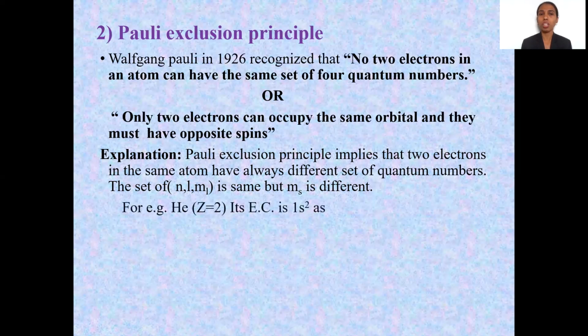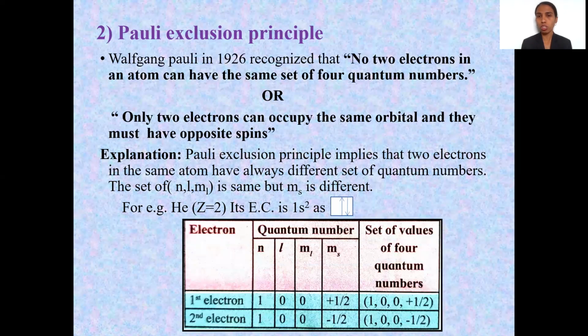Now for example, if we consider helium, which has atomic number 2, its electronic configuration will be 1s2, means the helium atom has 2 electrons. So here you can see 2 electrons, ऑर्बिटल नोटेशन नुसार 2 इलेक्ट्रॉन आहेत आणि ते इलेक्ट्रॉन कसे आहेत तर एक अपसाइड एरो, मीन्स अपसाइड स्पिन आहे आणि एक डाउनसाइड स्पिन आहे.